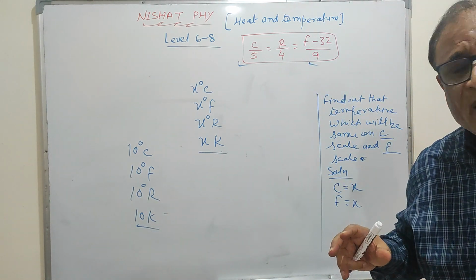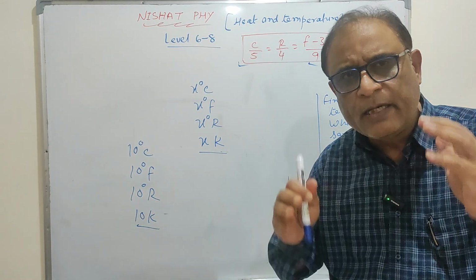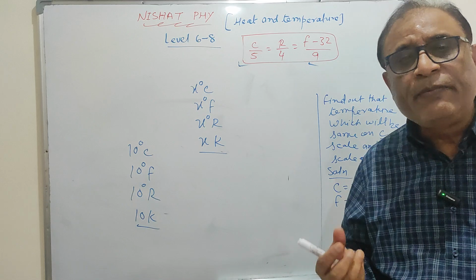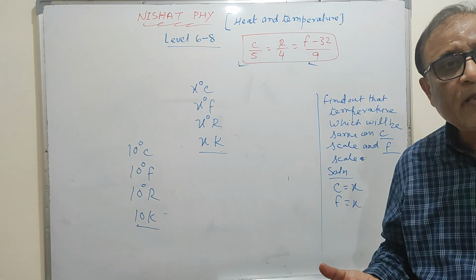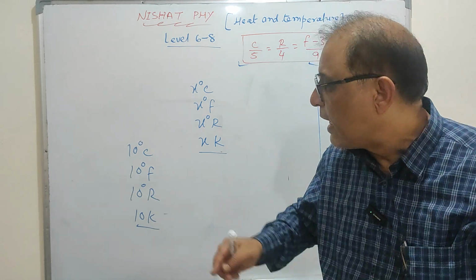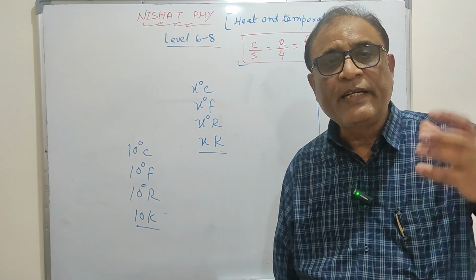How is it different? Suppose that here on the earth, water is abundant in nature and we consider water for all purposes. So freezing of ice we take as 0 and boiling of water as 100.